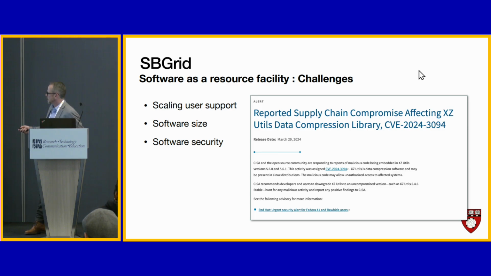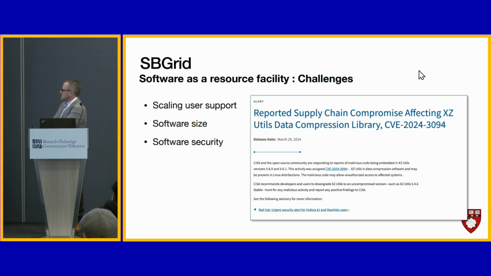And security, right, is always a problem, and I wanted to highlight just this recent one. This was a sustained nation-state attack on a core library that's used in everything. It's used all over the Linux ecosystem. It's used on Macs. It's used on basically any machine that runs Unix, right?